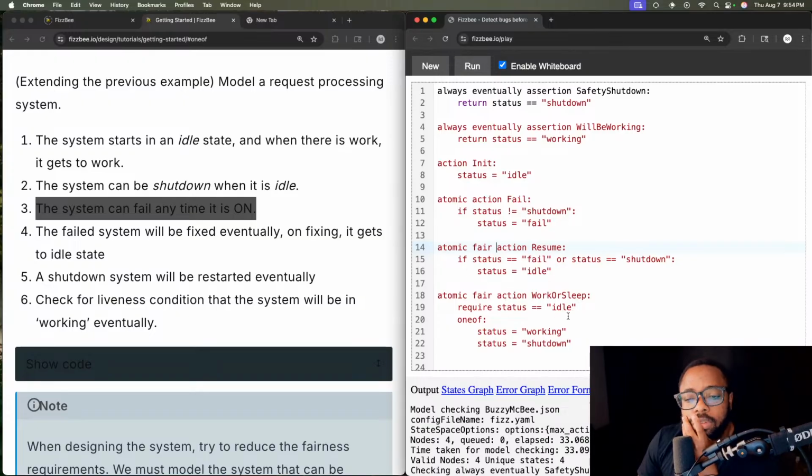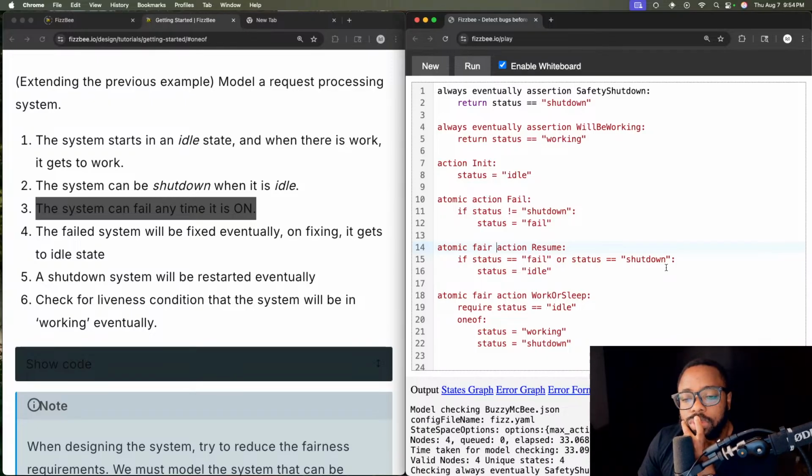So if we apply the same idea here, we're saying if the machine decided to be in the fail state indefinitely, it will be forced to actually switch to idle. Same thing for shutdown.